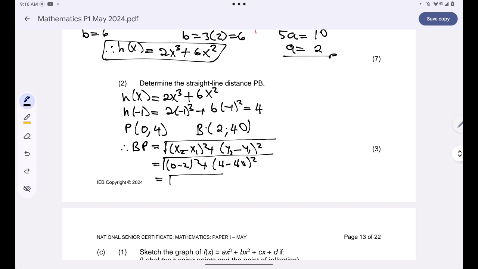Let me punch my precious calculator. 2 squared plus 36 squared.